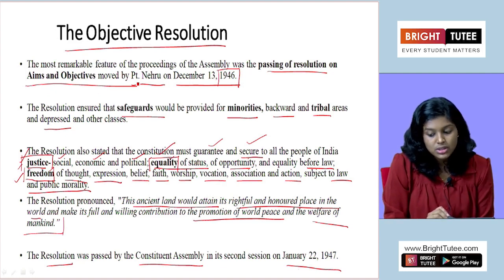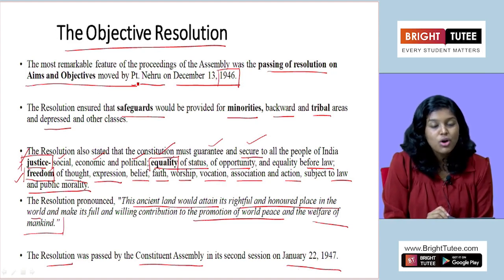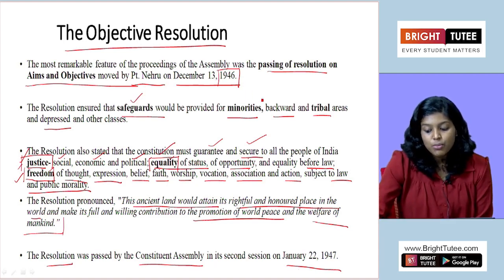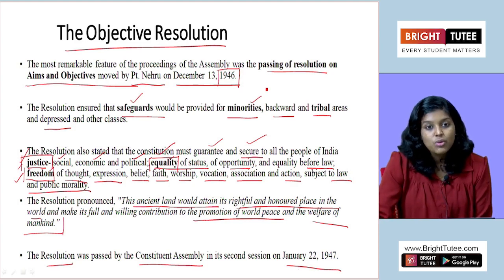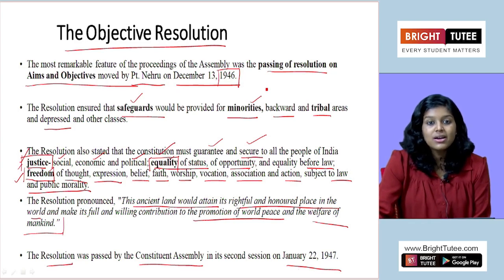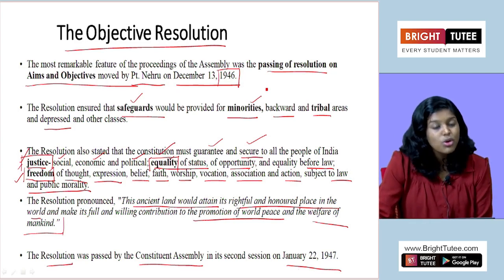This resolution made clear what the aims and objectives of the Constitution should be. And its significance was that it ensured safeguards and provided minorities and the depressed classes with certain rights which the government of India ensured through the Constitution.